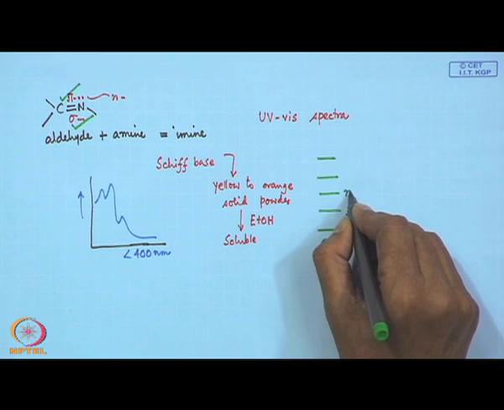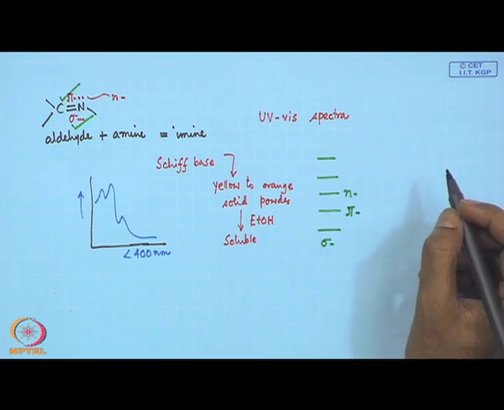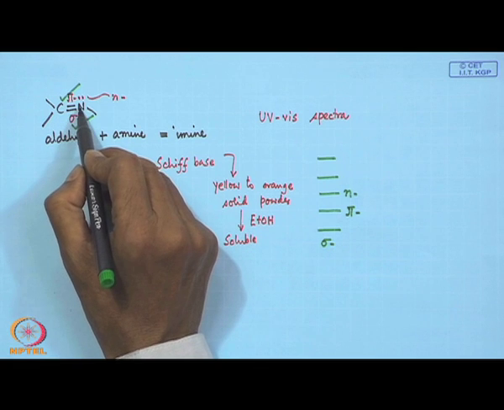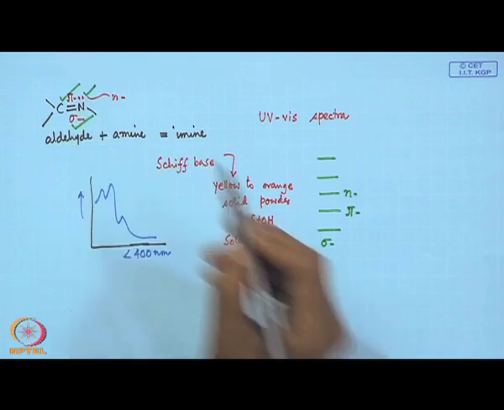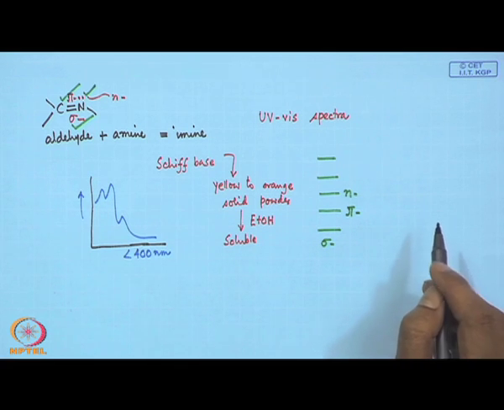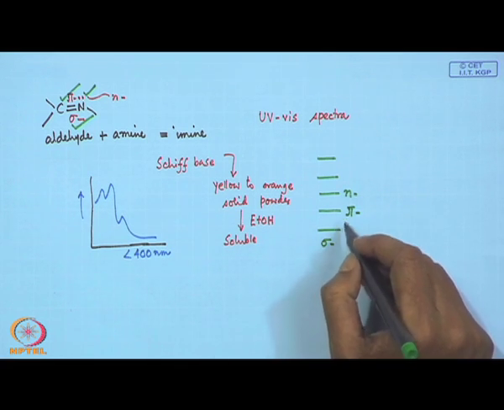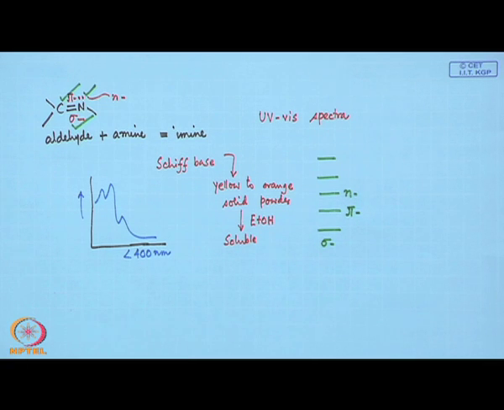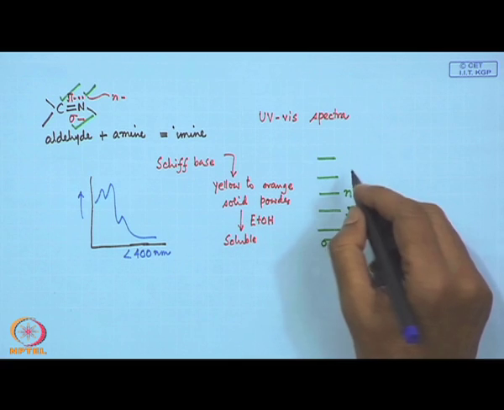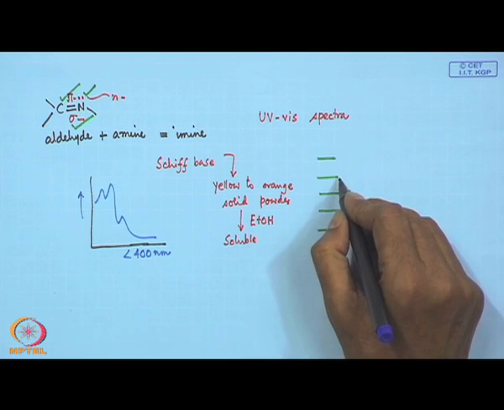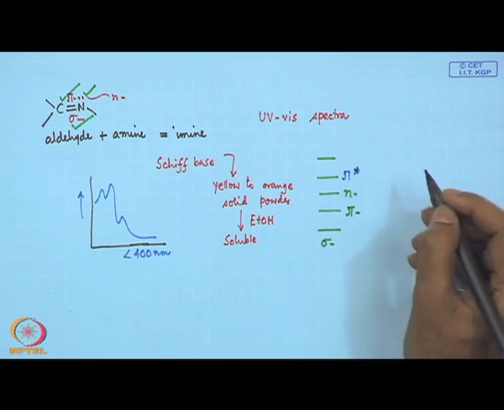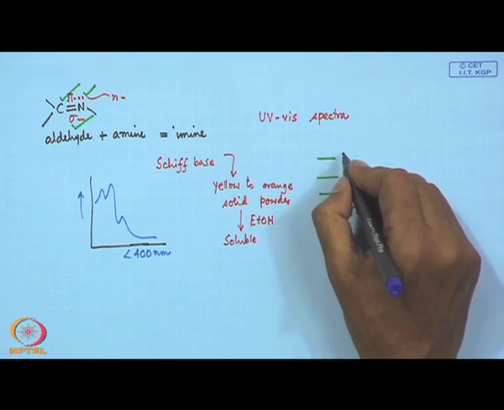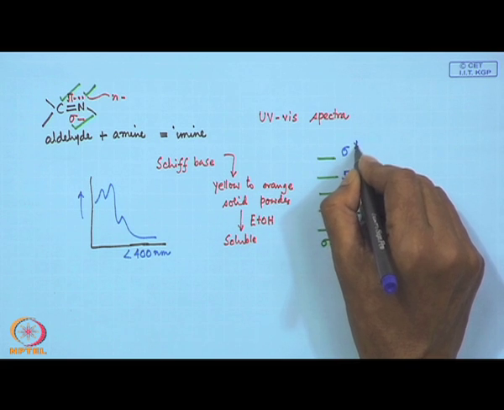Then we have the non-bonding electrons, that means the electrons which are not involved in any kind of bonding on the nitrogen atom, so this is typically the non-bonding level. After that we have the antibonding orbitals, the pi antibonding orbital as the pi star and the sigma antibonding orbital as the sigma star.